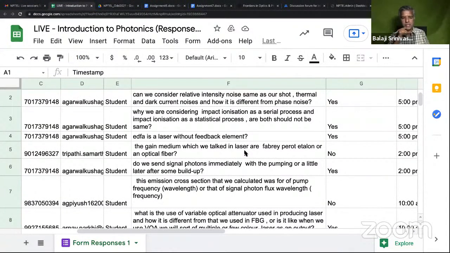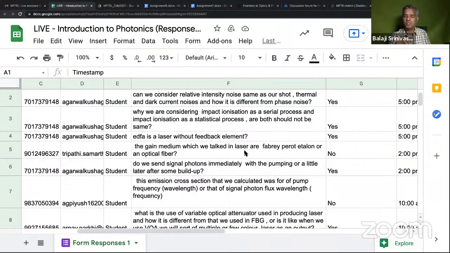So, is an EDFA a laser without feedback element? That's a slightly twisted way of looking at it. I would rather say that an EDFA or any gain medium with feedback makes a laser. Okay, so there is a cause and effect. Laser is not the cause, laser is the effect.